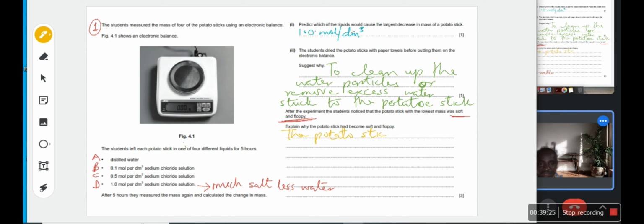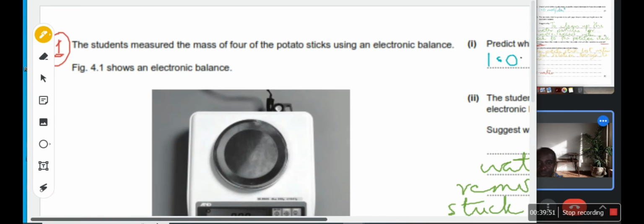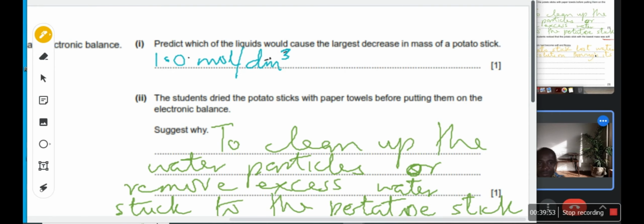Oh, so it lost water. The potato stick lost water to the solution through its membrane. Yeah. You can even add semi-permeable membrane. Let me zoom this in a bit so that we can capture this properly.